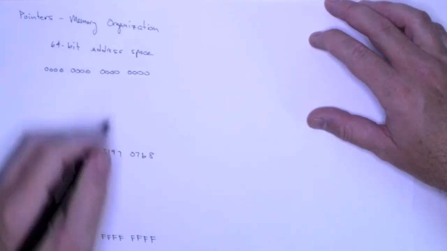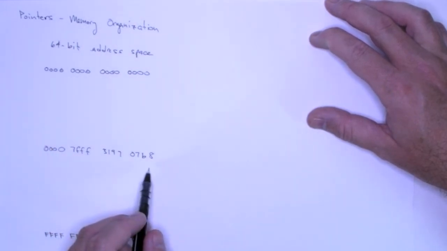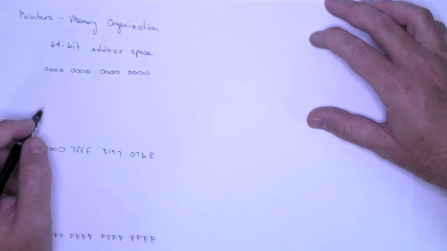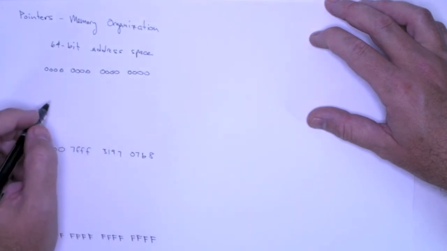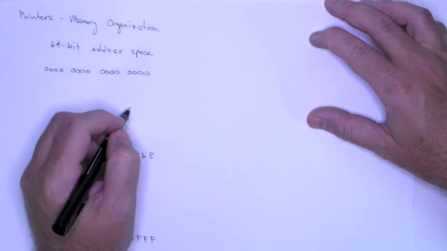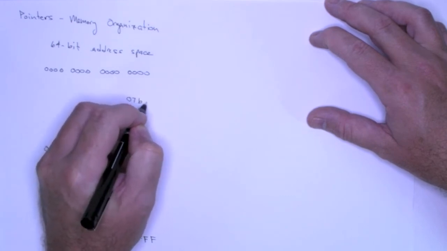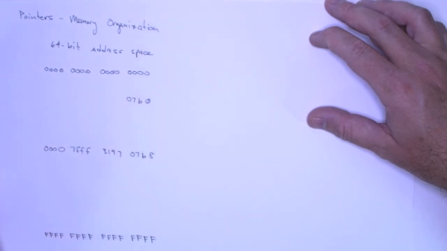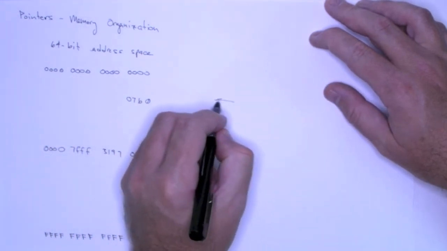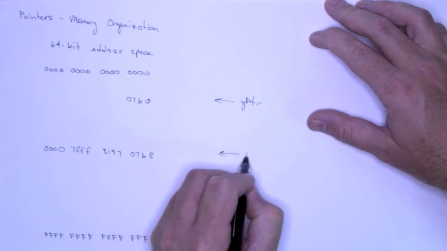Somewhere in here is where our program was running, and this is where it put Y's address, and then it put Y pointer's address at B0, out here at 07B0. So this was where Y pointer was, and this is where Y was.